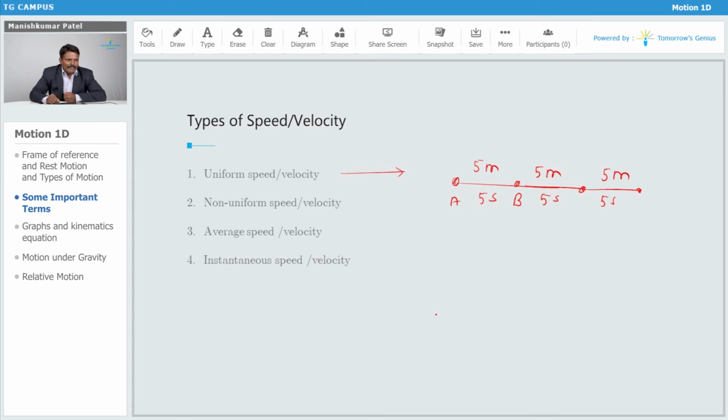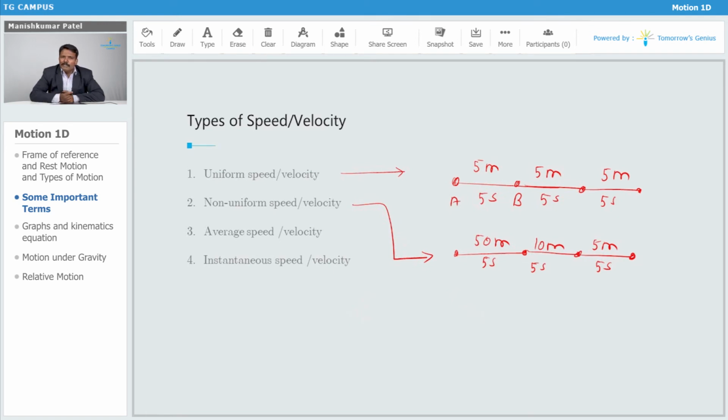For example, in the first 5 seconds it might cover 50 meter, and in the next 5 seconds only 10 meter. Likewise the distance covered varies and is not constant, which is what we call non-uniform speed or velocity.